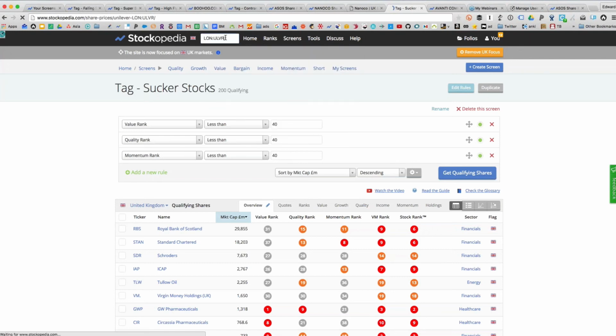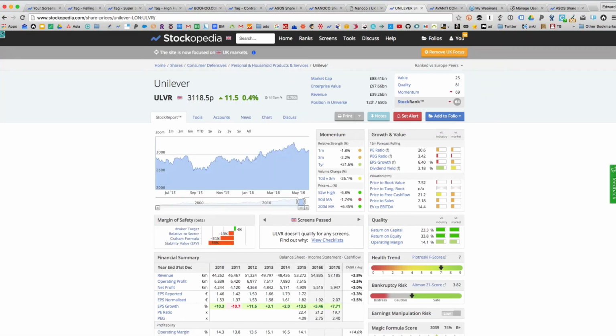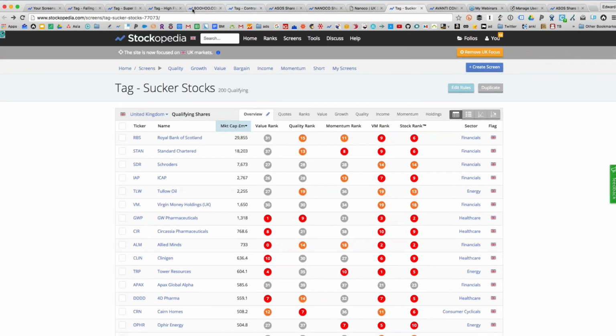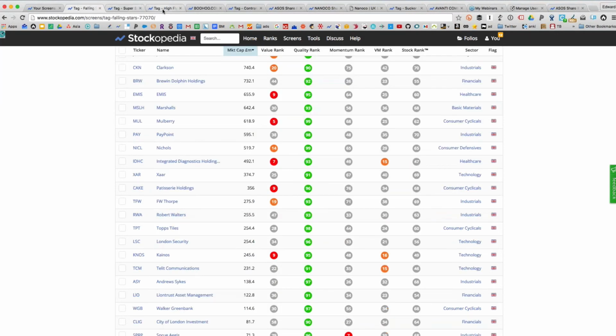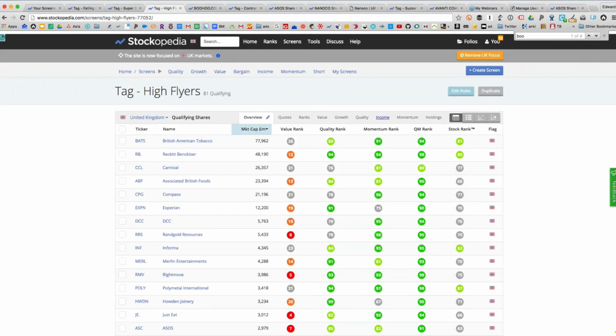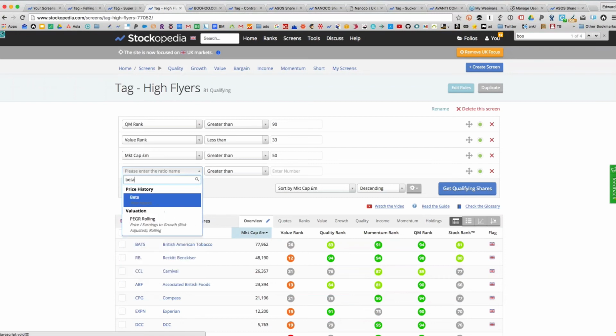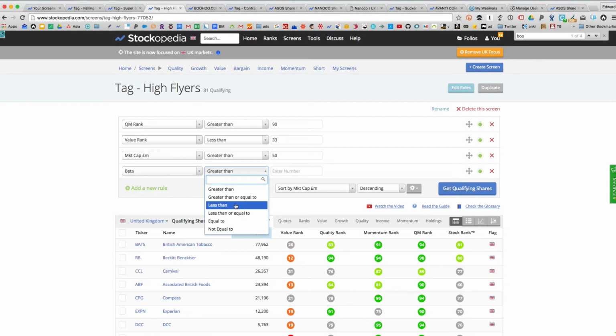So one can use beta in the screener to look for lower volatility shares. Stocks like Unilever, which are consumer goods and very high quality businesses, have tended not to draw down as badly as the market. Let me go back to the screener and show you a way that possibly one could counter drawdowns. Let's look at high flyers, which has a momentum factor in it. But if you were to enter the beta, low beta shares tend to draw down less than the market, and the average beta is about 1.